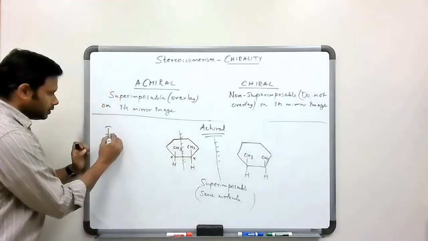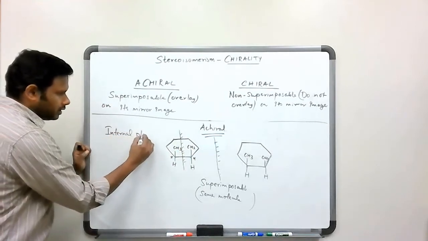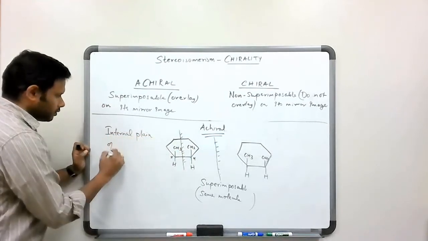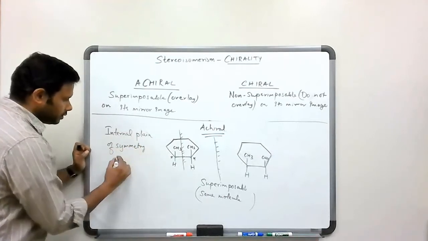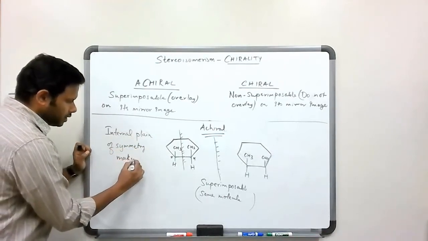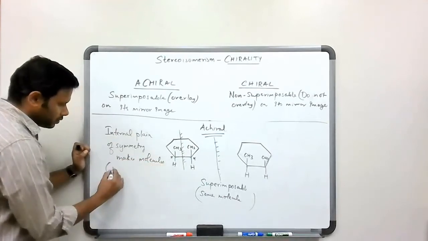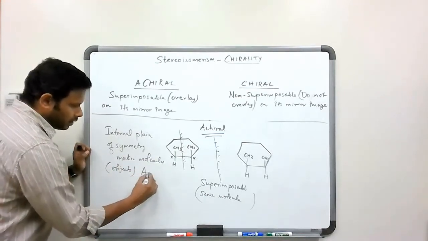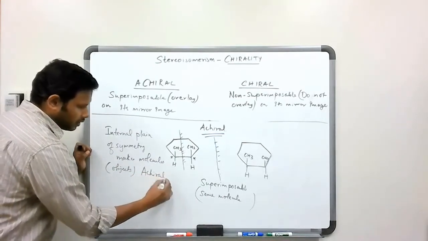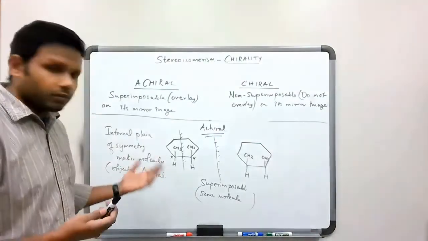An internal plane of symmetry makes molecules or objects achiral. That is the reason why the molecule is achiral.